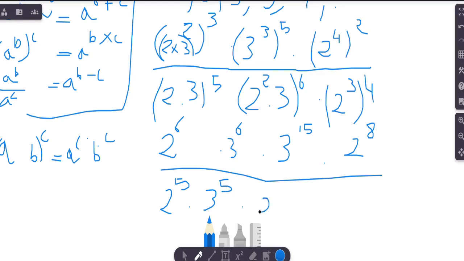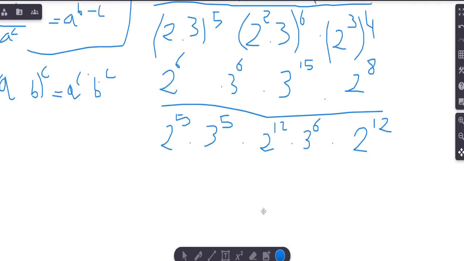And here we have 2 square to the 6, so it's 2 to the 2 multiplied by 6, so it's 2 to the 12, times 3 to the 6. And at the end we have 2 to the 3 times 4, so 2 to the 12.